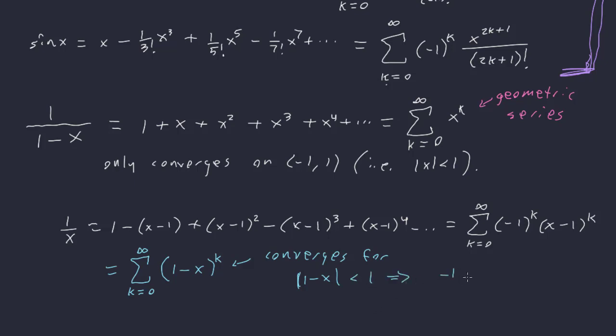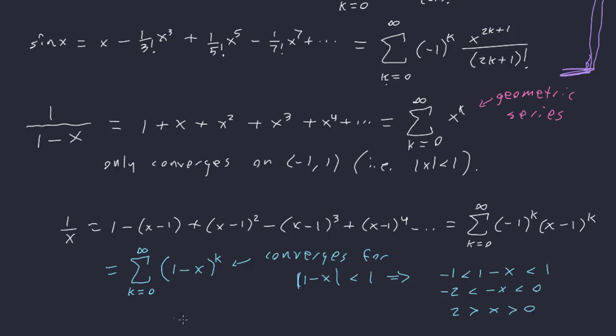So if we mess with that a little bit, and then subtract 1 on both sides, I'll get -2 is less than -x, which is less than 0. And then when I negate everything, we have to change the signs to do that. So it'd be 2 greater than x greater than 0.